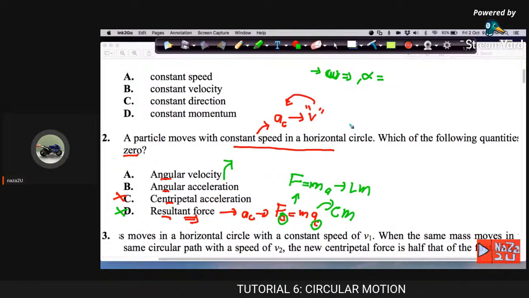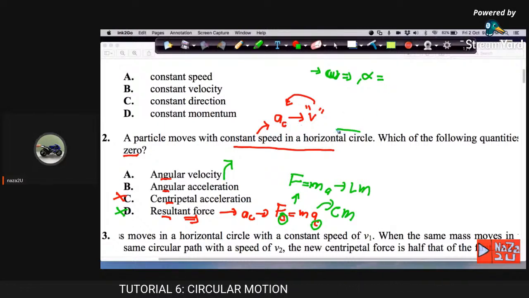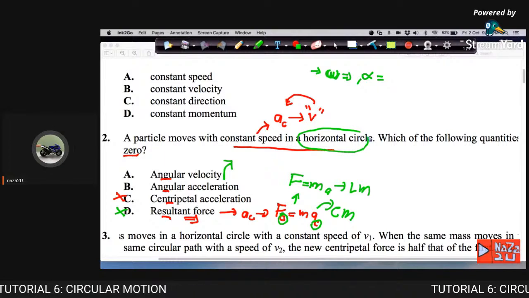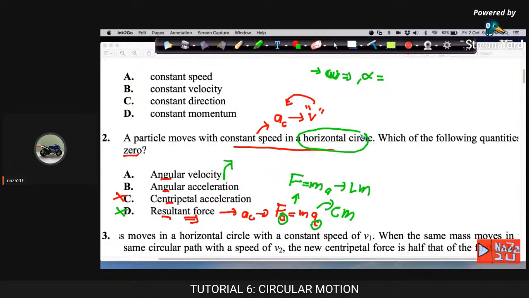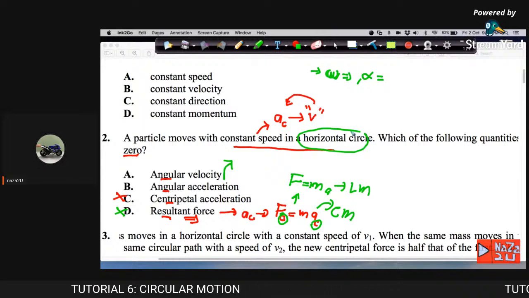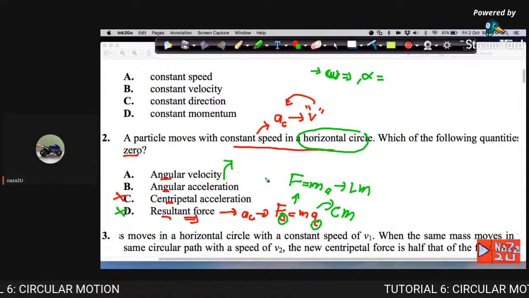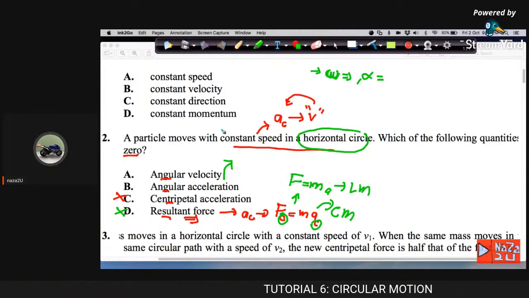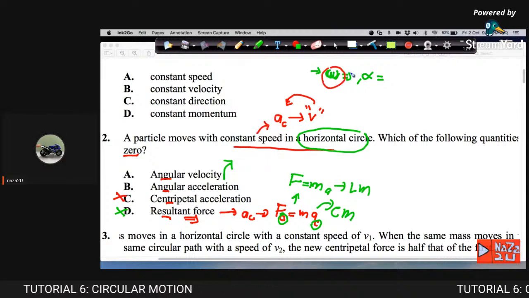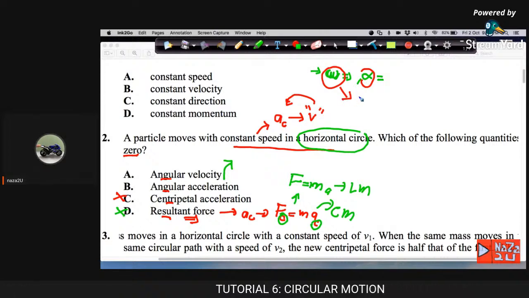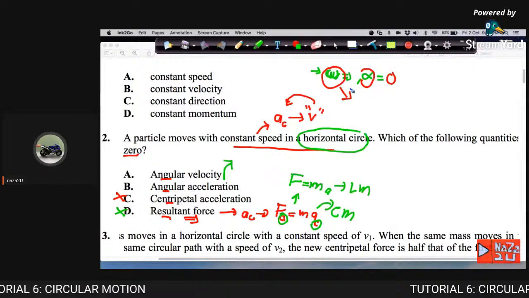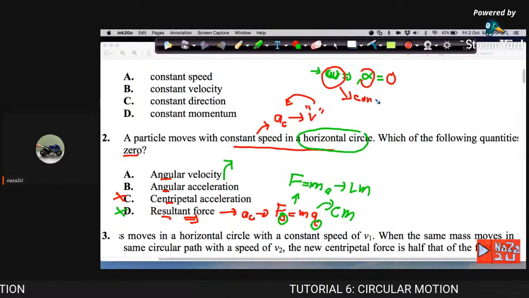Sebenarnya untuk partikel yang bergerak dalam horizontal circle dengan constant speed, the answer is that omega, the angular frequency, is a constant, and alpha is equal to 0.